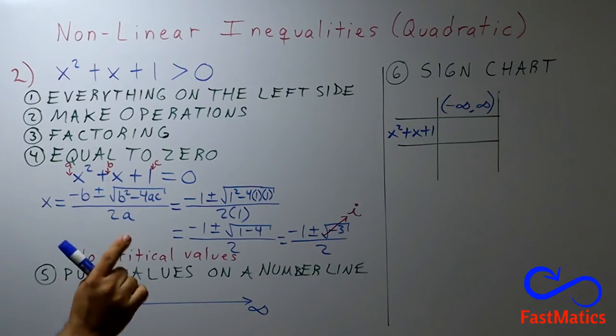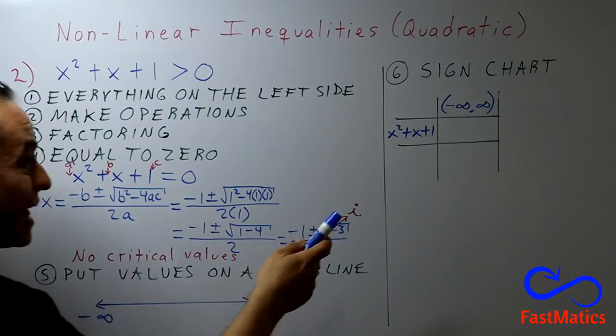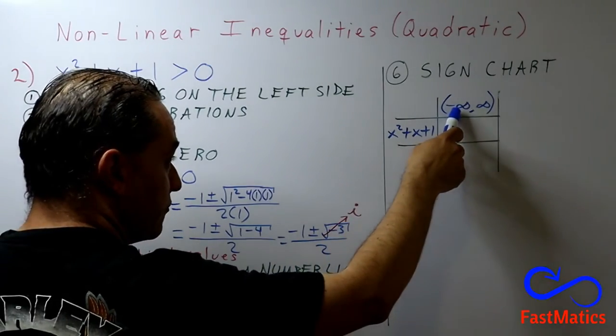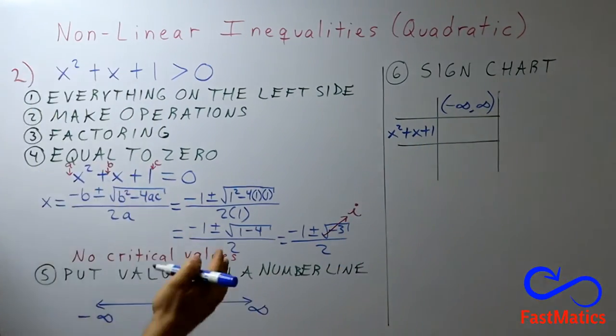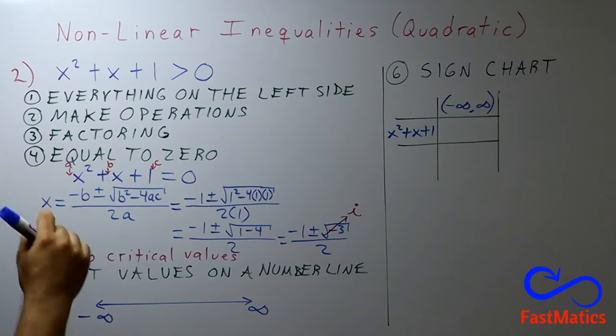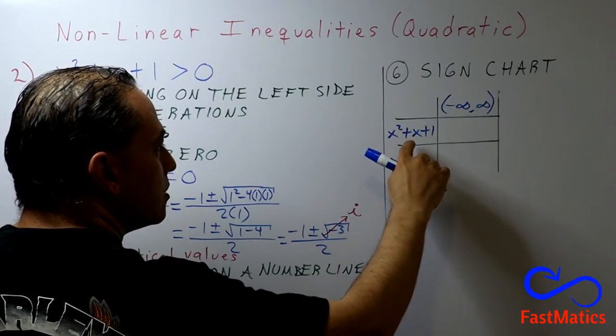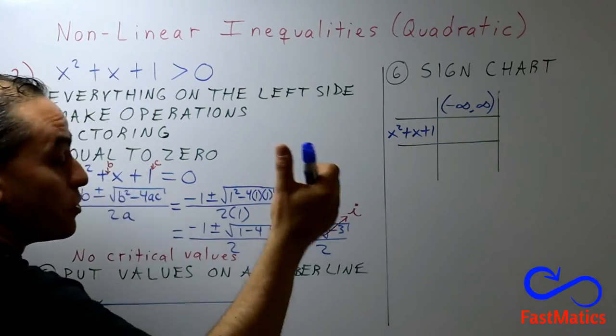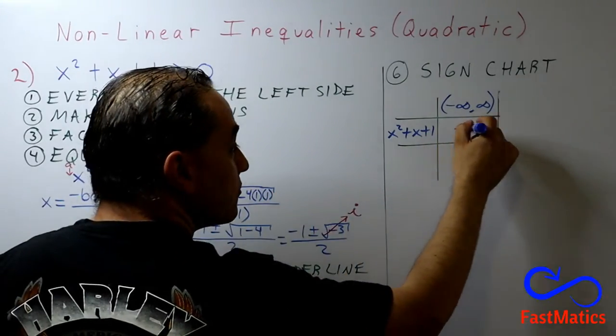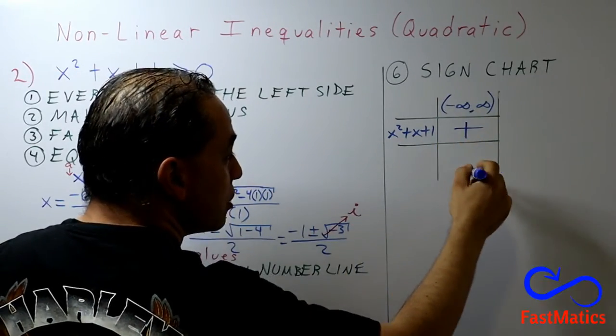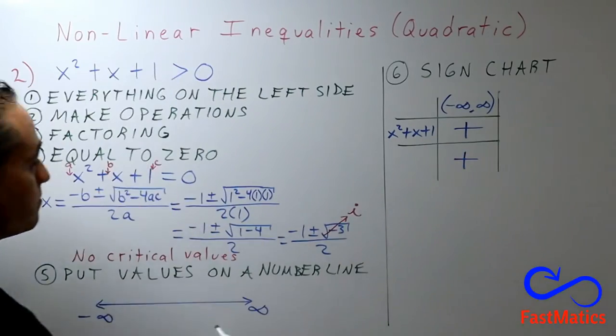And you are going to choose a value between negative infinite and positive infinite. For example, 0. Very easy. 0 squared plus 0 plus 1 is plus 1. That is positive. So the answer of this chart is positive.